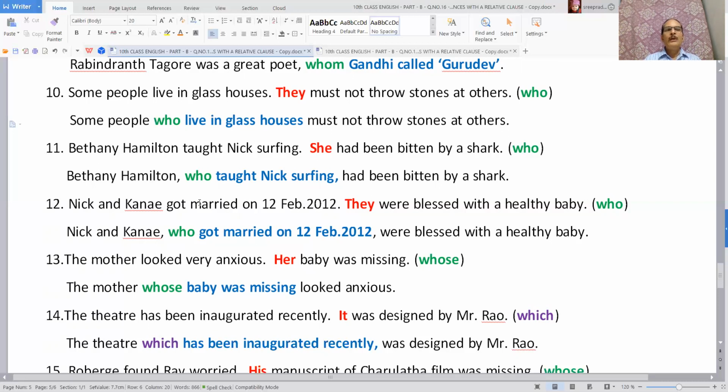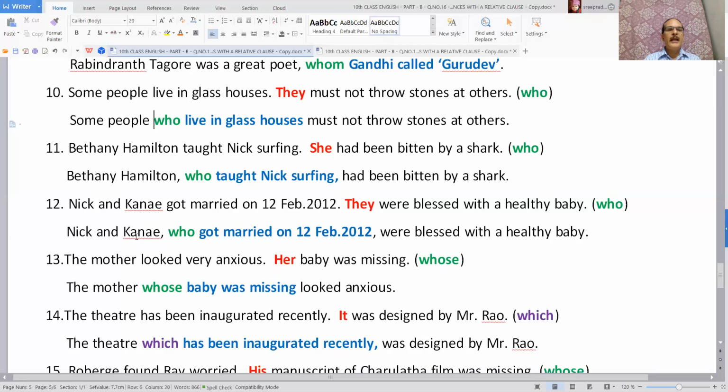Nick and Kane got married on 12th December 2012. They were blessed with a healthy baby. Here, Nick and Kane in the first sentence and they in the second sentence refer to the same. So when the two subjects refer to the same, we can just write the first subject. Moreover, Nick and Kane are proper nouns.